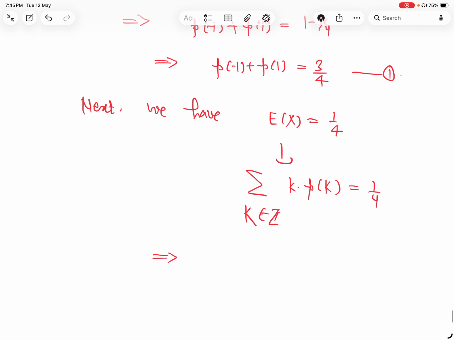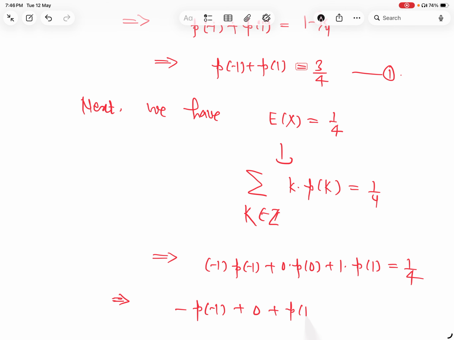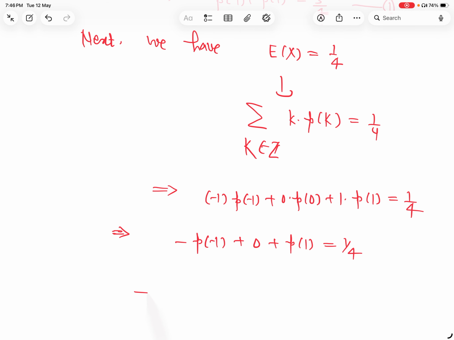So this implies minus 1 into p at minus 1, plus 0 into p0, plus 1 into p1 is equal to 1 by 4. So this is minus p minus 1, and this is 0, this is p1. So minus p minus 1 plus p1 is equal to 1 by 4.